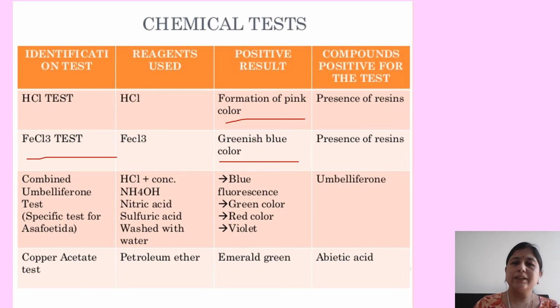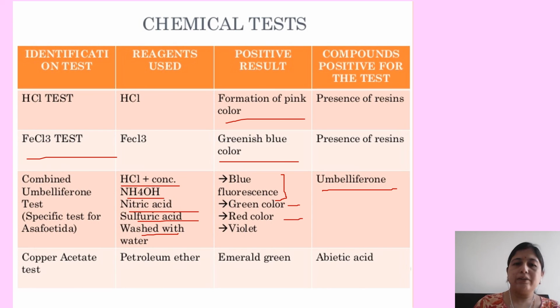The third test is generally done for umbelliferone, which is an ingredient of Asafoetida, hing, and in this we take the HCl and add concentrated ammonium hydroxide solution along with nitric acid and sulfuric acid, and finally we wash it with water. If we add the HCl and concentrated ammonium hydroxide, we will get a blue fluorescence. If we add nitric acid, we get green color.